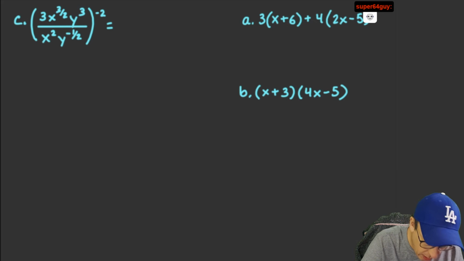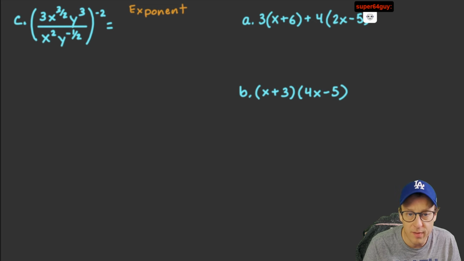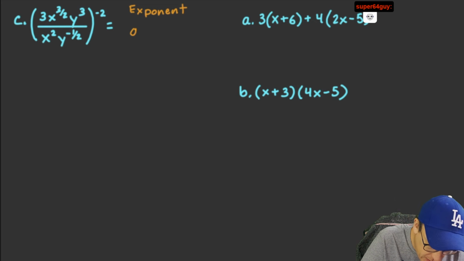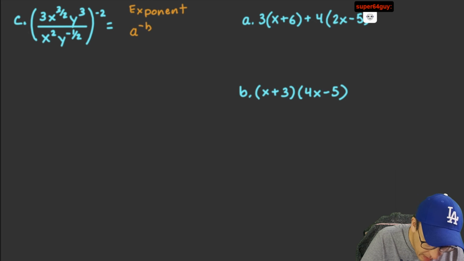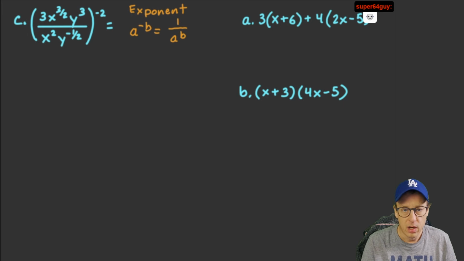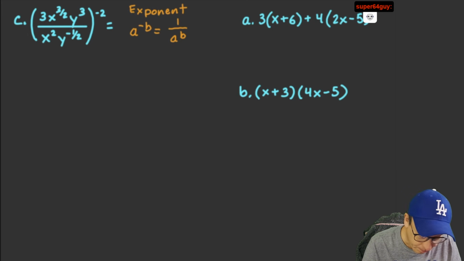How are we going to do it? This is called the exponent rule. That is the rule that we have been using. It simply says if you have a to the power of some negative exponent, this is going to give you 1 over a to the power of that exponent. Okay, so it's called the exponent rule.